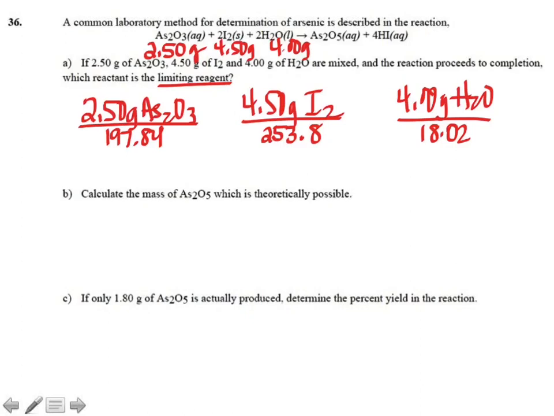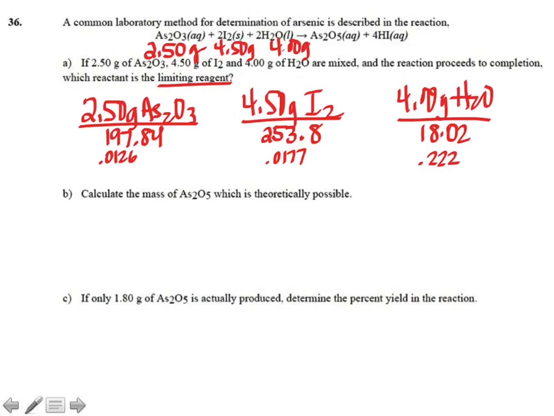What do y'all get for As2O3? 0.0126. What do we get for I2? 0.0177. And for H2O? 0.222.